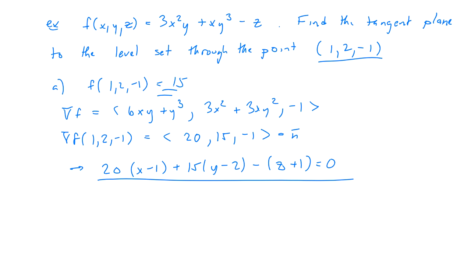On the other hand, we have put in the point (1, 2, negative 1). Say it's a level set. Really what we have is this. And since I've made it nice, I can make it look like a previous section: z is equal to a function of x and y.